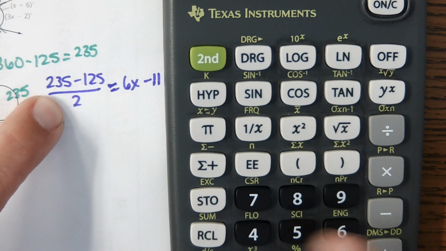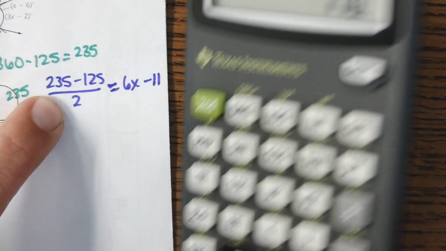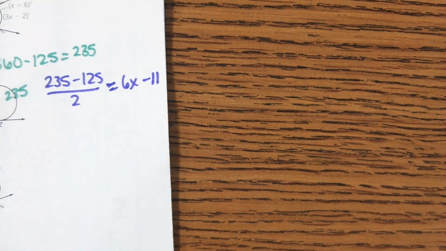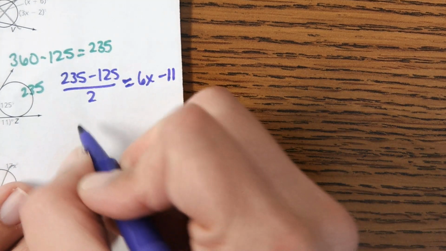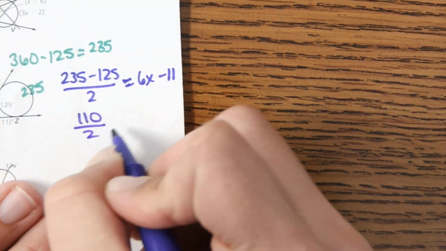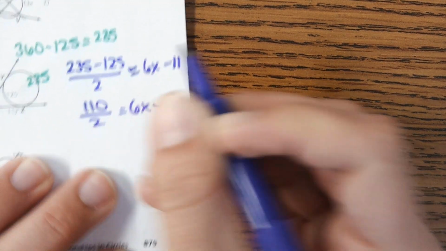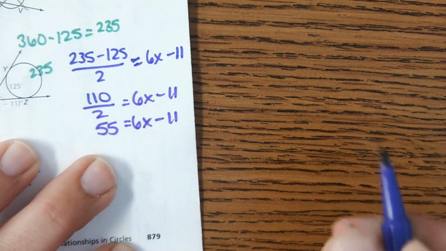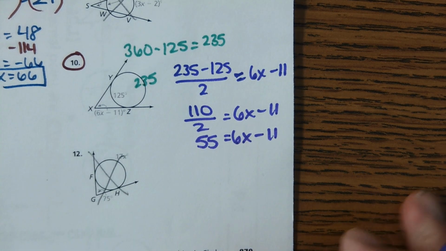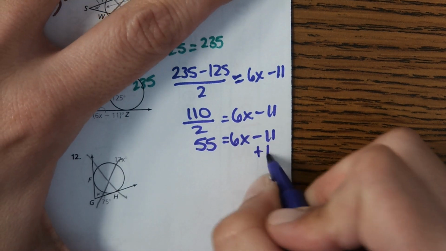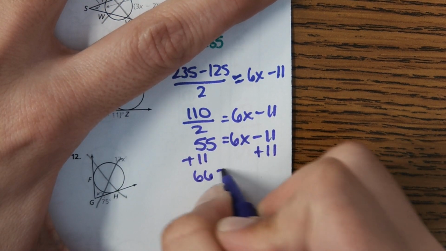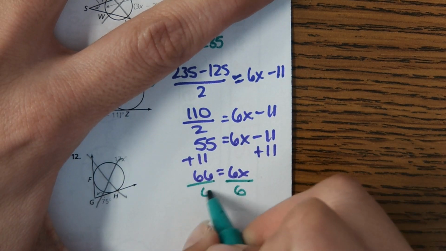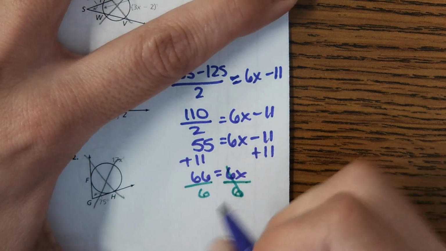I'm going to do 235 minus 125 equals, I get 110, divide by 2 is 55. Then add 11 to both sides, 66 equals 6x. And x equals 11.